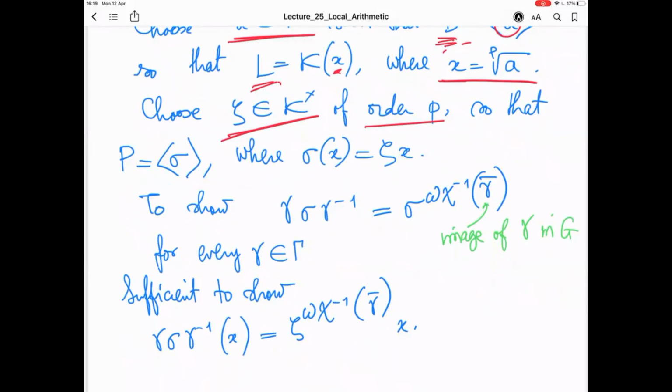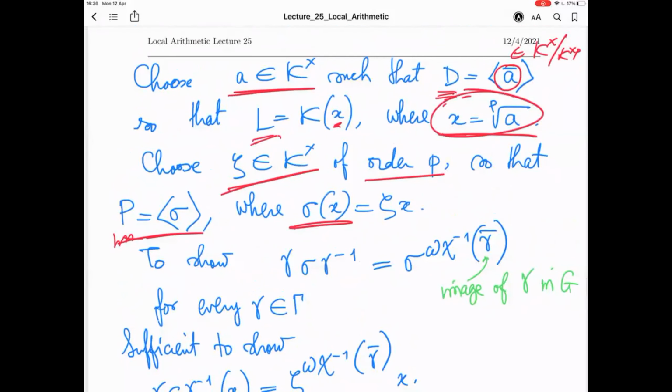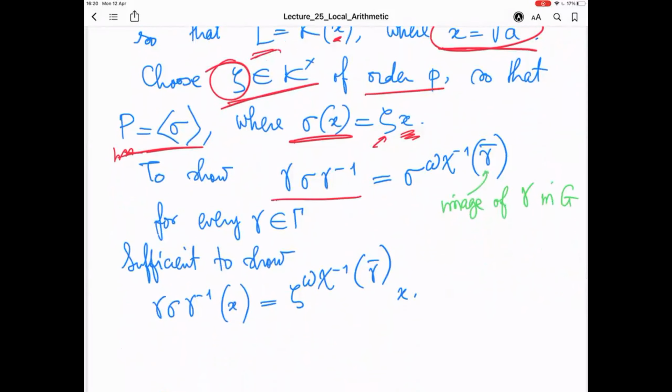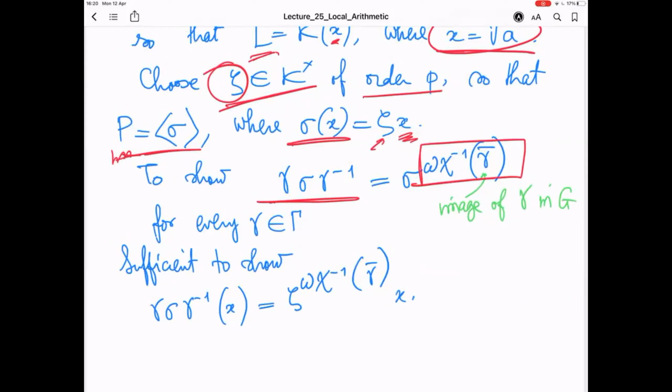That gives me a generator sigma of the Galois group P, the one which sends this particular X, this particular pth root of A, to zeta times X itself, where zeta is this particular pth root of unity. And what we have to show is that gamma sigma gamma inverse is equal to sigma to the power this thing here.